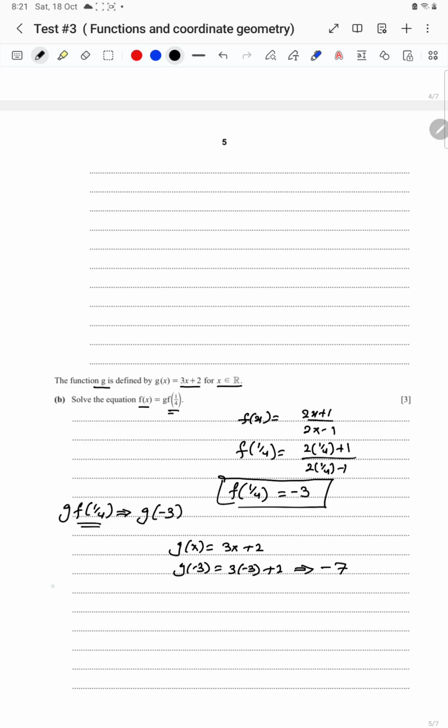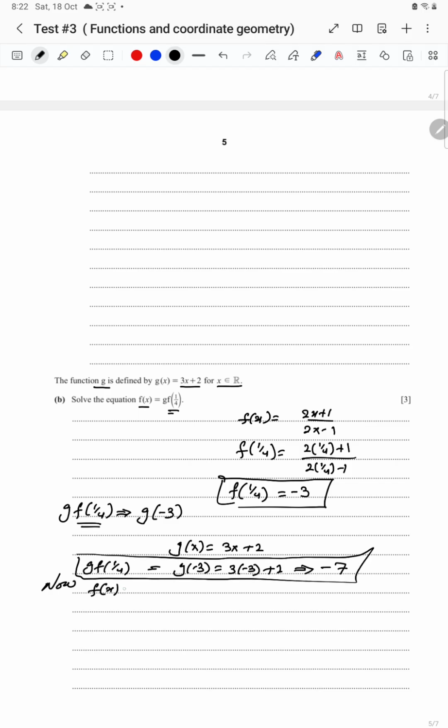Now we have to solve f of x equal to g f of 1 by 4, that is minus 7. We have done this. Right hand side equal to minus 7.